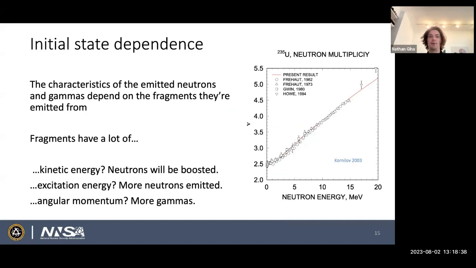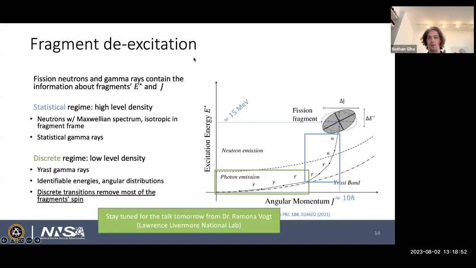So that's what comes out. But like I've been alluding to this whole time, the amount and the characteristics of what comes out depends a lot on the fragments that they're emitted from. Now we can have a fission fragment here, but we can also have one here, or here, or here, and how much of this stuff we can emit depends a lot on how many of these resources we have.